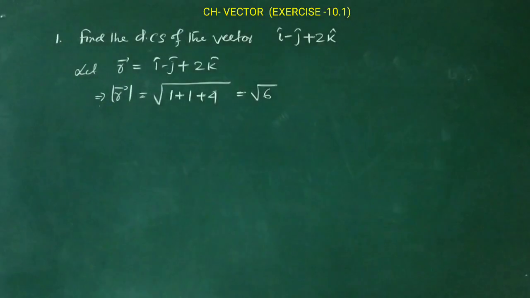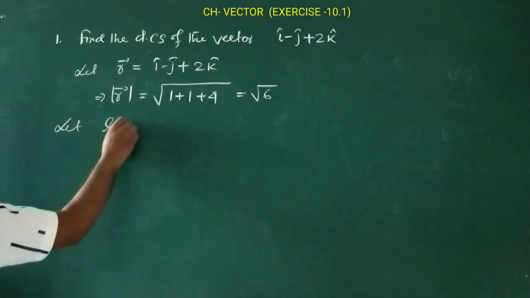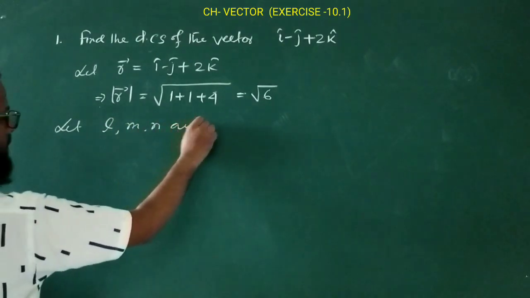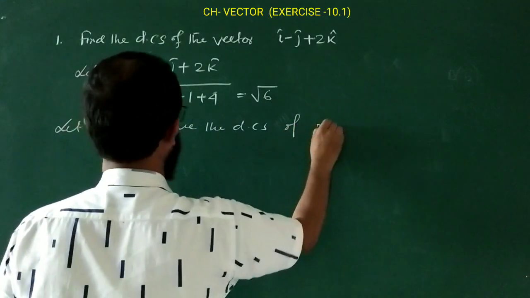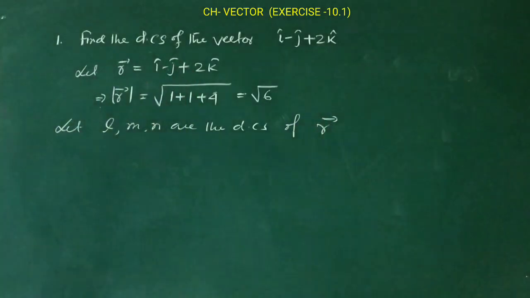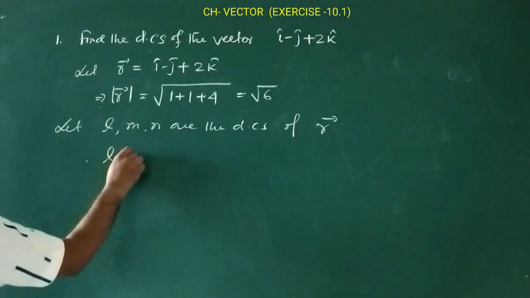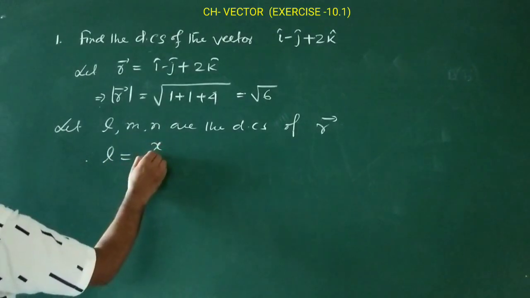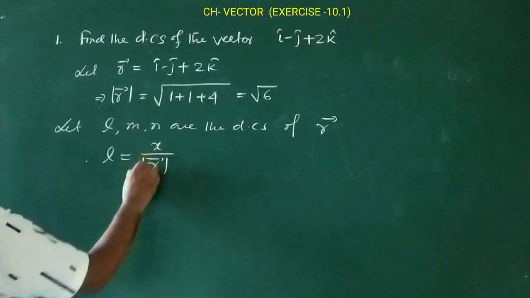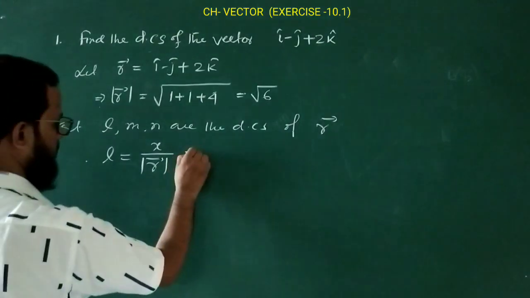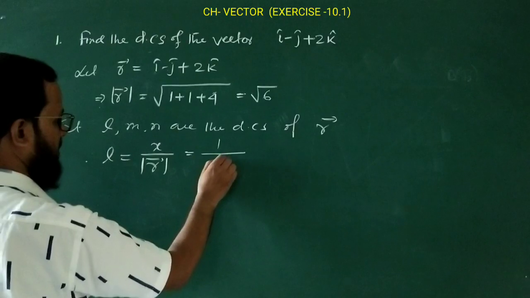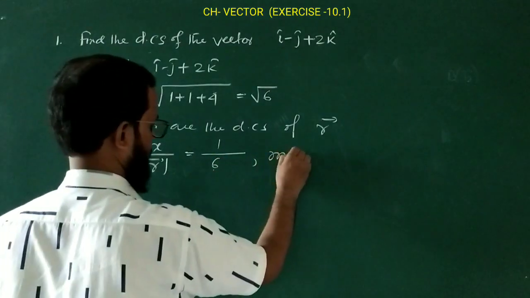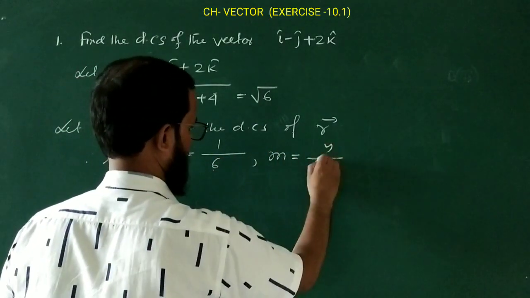This is the magnitude of the R vector. Let us suppose l, m, n are the DCs of the R vector. So what is the formula? l is equal to x by magnitude of R vector, as we discussed and gave the result. What is x? x is the coefficient of i, which is 1/6. m is equal to y by magnitude of R vector.